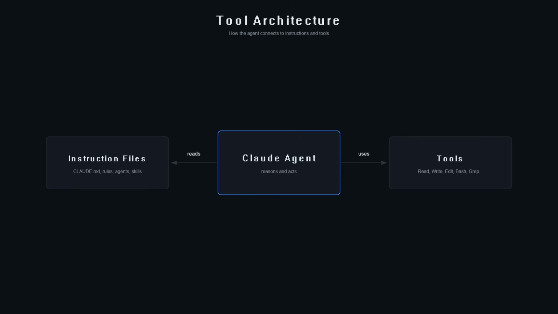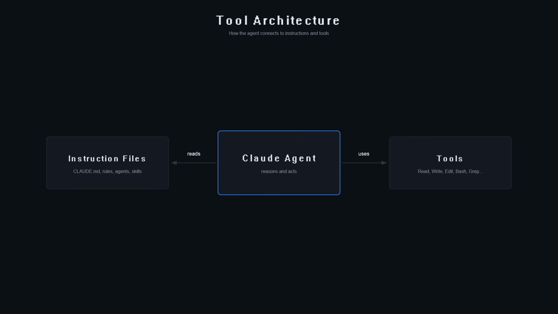So if you understand this, you already understand a really big part. The agent executes the task, the instruction file tells the agent how to execute the task, and the tools are anything that the agent can use to get the best result possible. The agent is also able to use those tools and also to generate those tools.